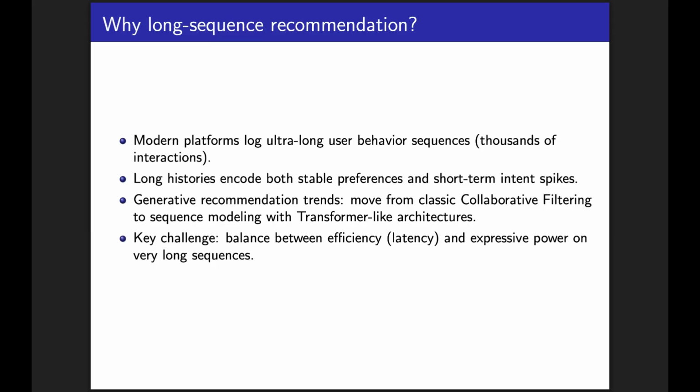What is the main problem? It is to find the balance between this expressive power and also the efficiency required in these use cases, because we often have very strong latency constraints, which we cannot not consider in our work.